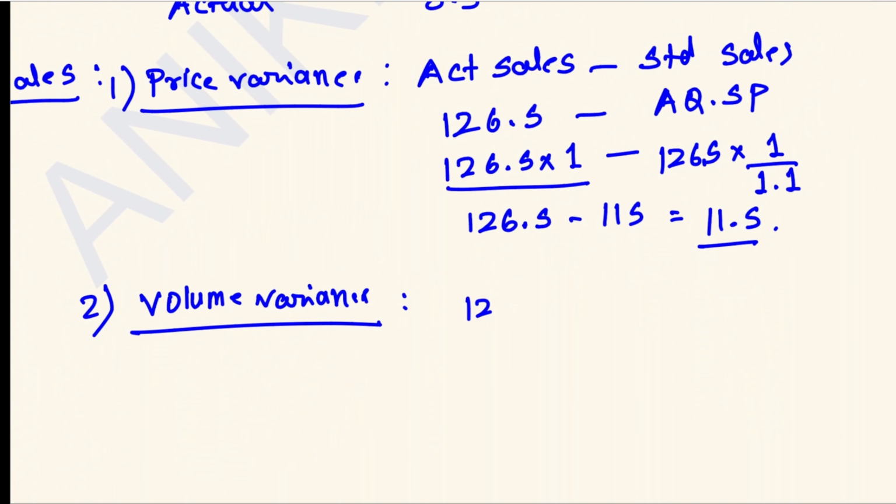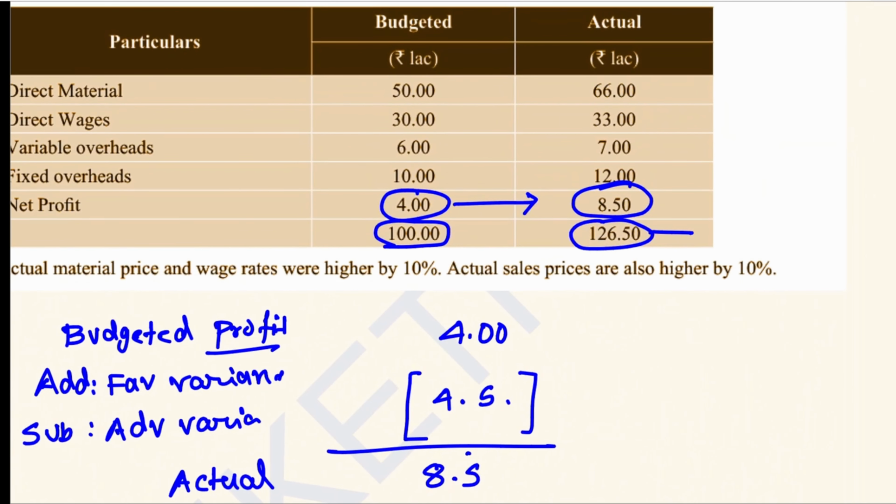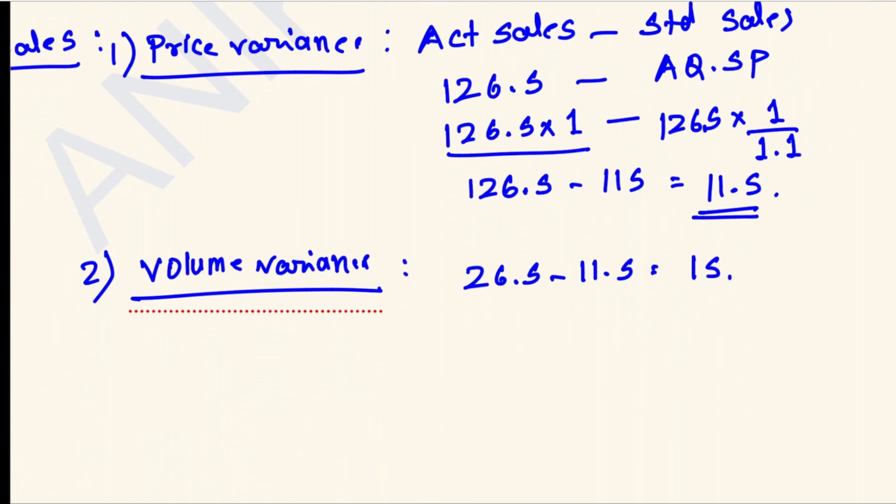Volume variance is my sales variance, which is 26.5, minus this value 11.5. So this is 15. So that means because of volume there is 15 lakh variance. So my standard sales is 100, because of volume it is 115. So that means there is a 15% change in the volume.